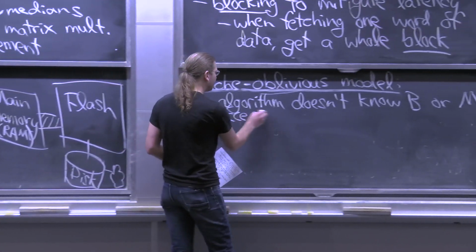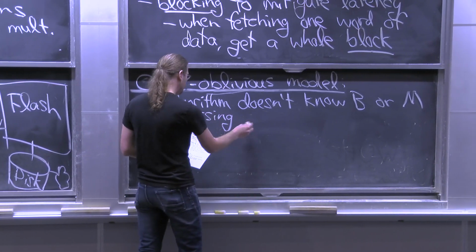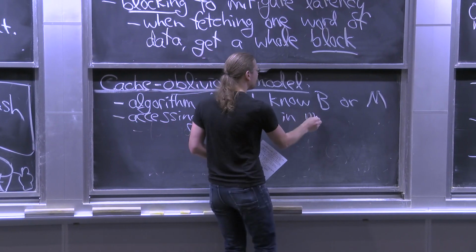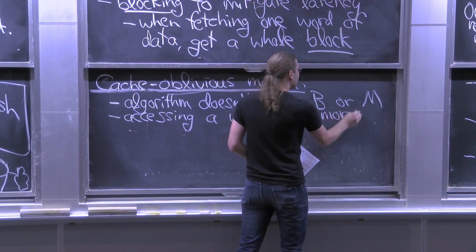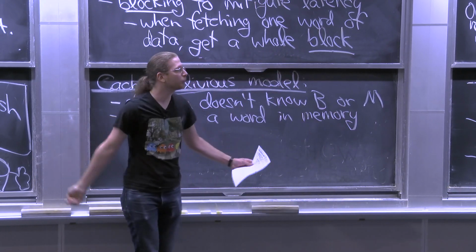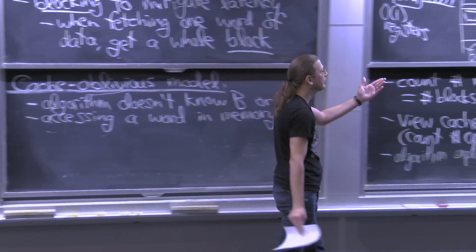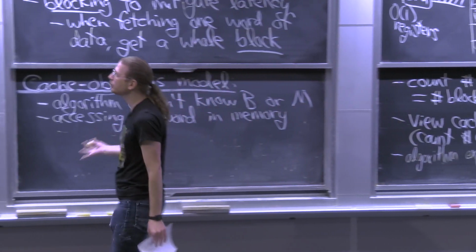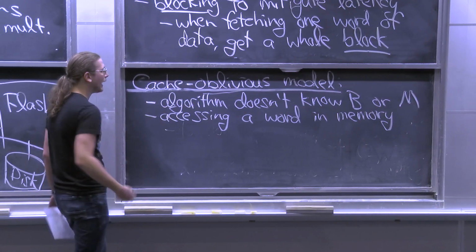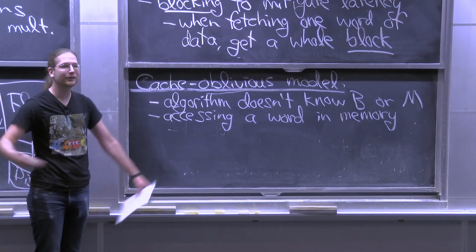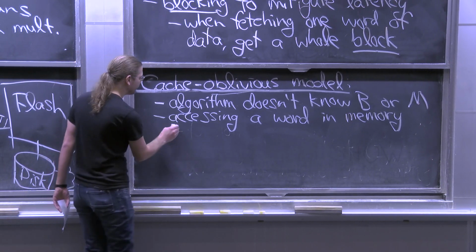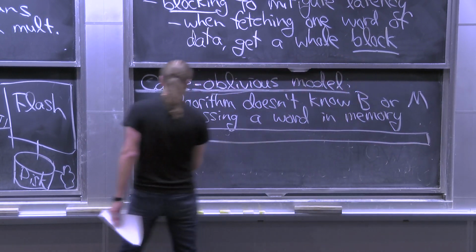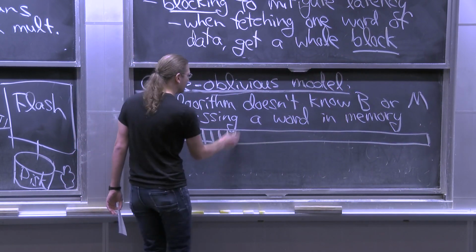So the way that works is when you access a word in memory, and I'm going to think of memory as everything. This is what's stored in the disk, say. This is the entire memory system, the entire memory hierarchy. And as usual in this class, we're going to think of the entire memory as a giant array of words.